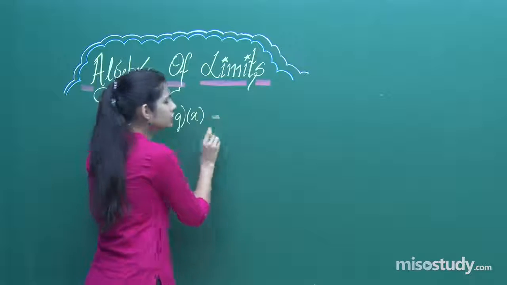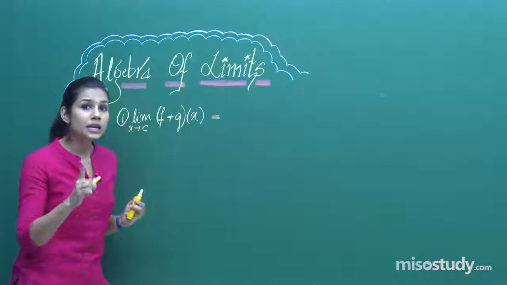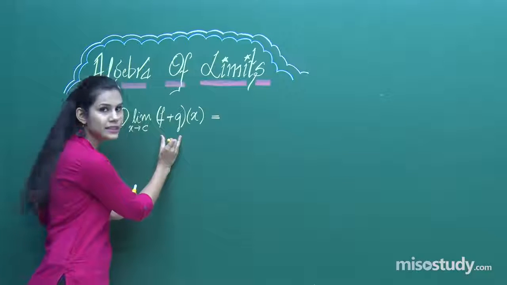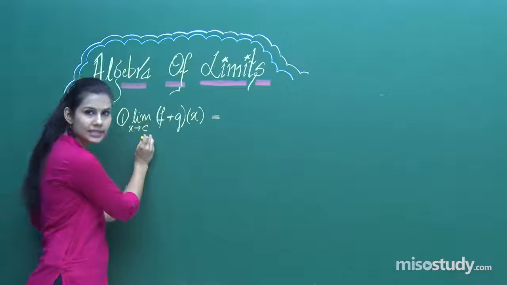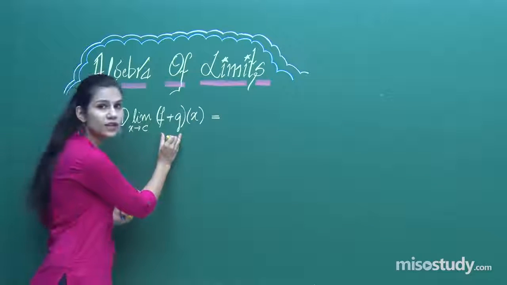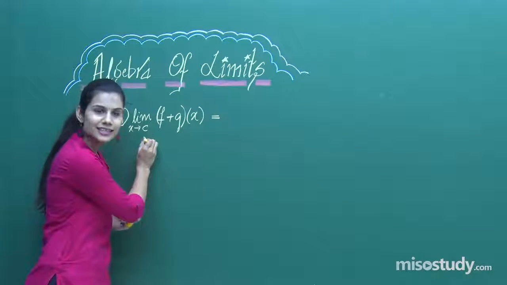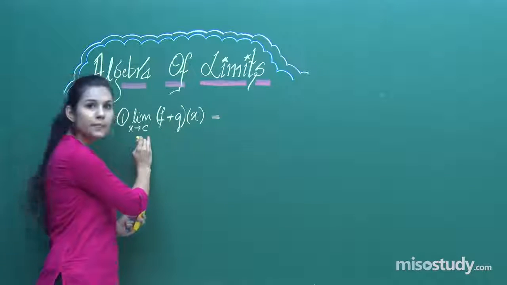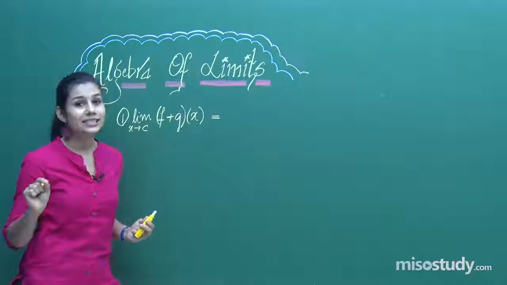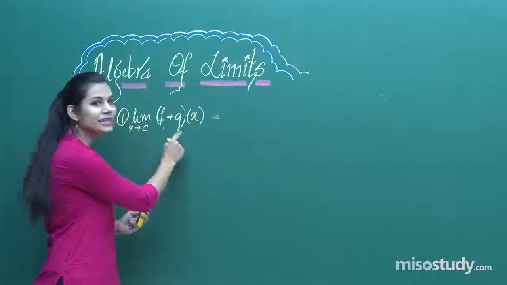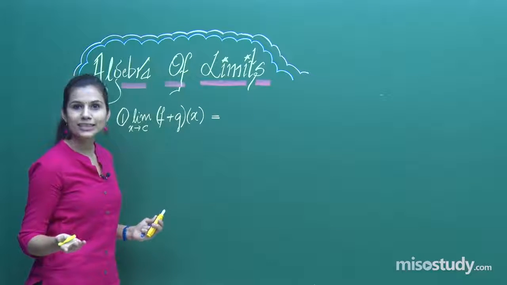Well, just if you are aware of the limiting behavior of the individual functions involved in this combination at the point C, you will be able to evaluate the limiting behavior of the sum function at the point C, isn't it? Because the limiting behavior of the sum function at the point C is given by the sum of the limits of the two individual functions at the same point C.